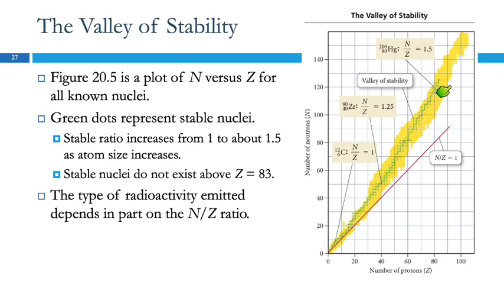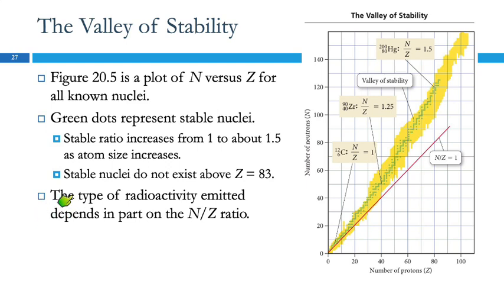As we get higher and higher, we've got more neutrons than protons, and that ratio is above 1. The green dots end here because above 83 protons, there are no stable nuclei. They're all radioactive and falling apart.